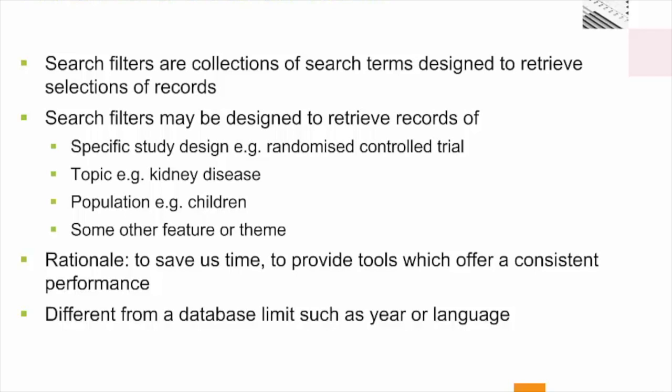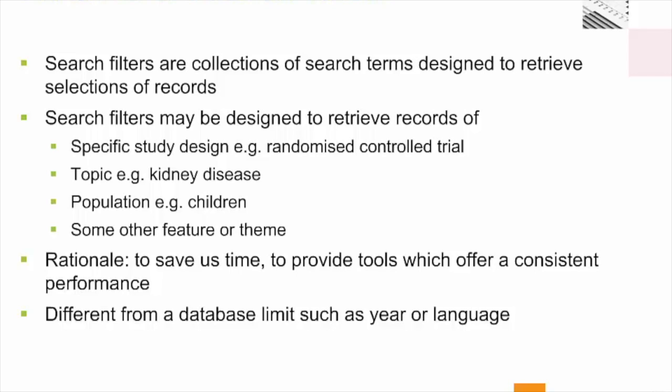The type of search filter that I've mostly worked with are those that try to retrieve studies of specific study designs, such as randomized controlled trials or systematic reviews. But you will also find search filters that try to retrieve all of the records on a particular topic, such as kidney disease. You'll also find filters to pick up particular types of populations, such as children, and there are many other search filters that will focus on other features or themes.